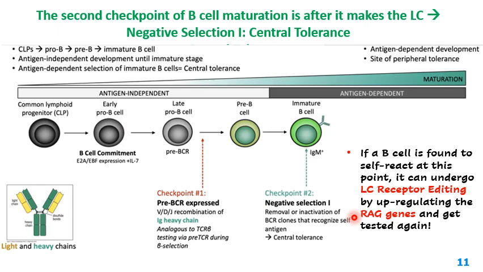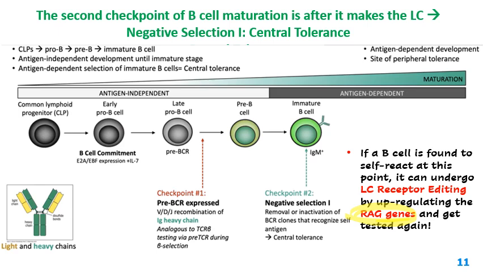It's going to say, my receptor looks too good for me to die. I'm going to try to rearrange my variable regions again. So it's going to upregulate the RAG genes, and it's going to try to get some other genes to modify the variable region.